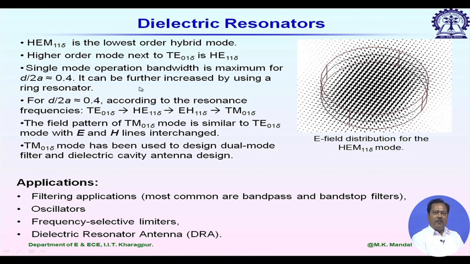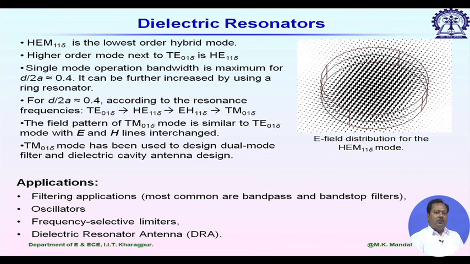It can be shown that the monomode bandwidth depends on aspect ratio, and when we use any guiding structure or even a resonator, we expect that it should be excited only in a single mode, and then the bandwidth is limited by the cutoff frequency of the next higher order mode.